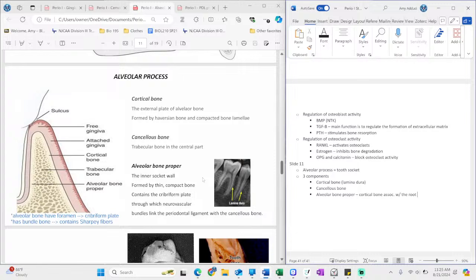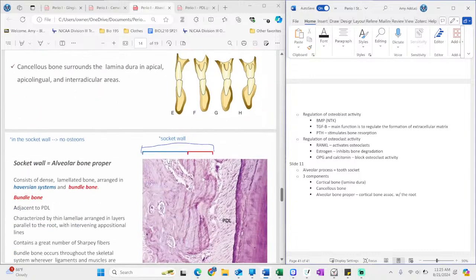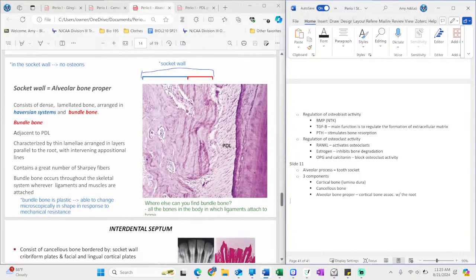And then within the alveolar bone proper is where we need to talk about the bundle bone. And a small section of that cortical bone is known as bundle bone, and it is known as bundle bone because it's the area in the bone in which you can see the Sharpey fibers inserted. So from this area, let me go back here.